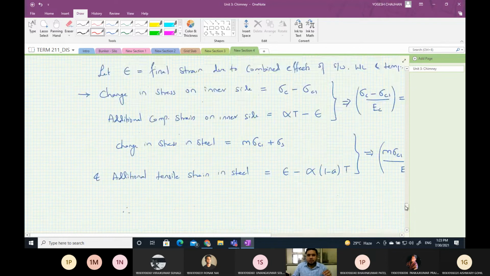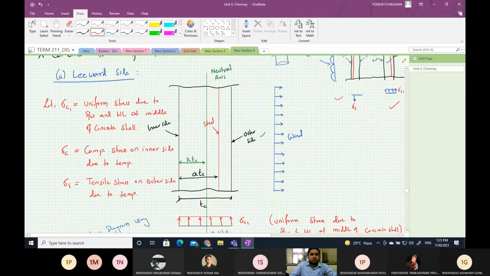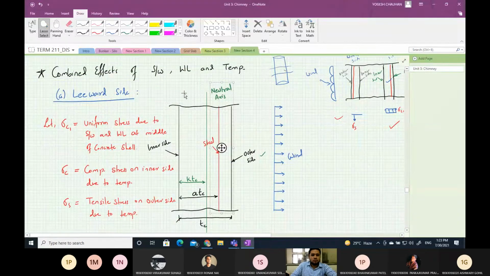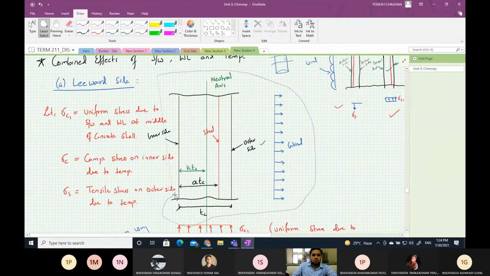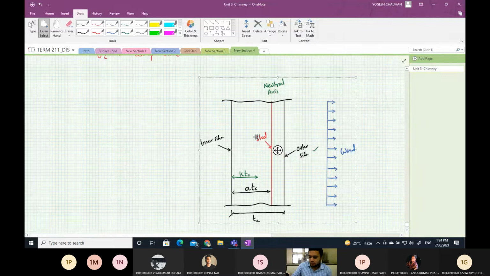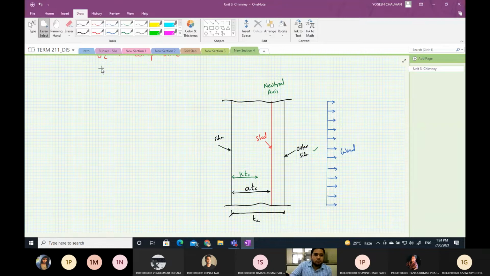So let us draw this section. This will be the outer face, and this will be the inner side.